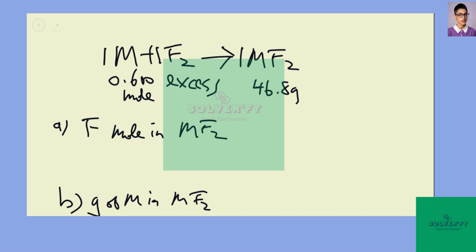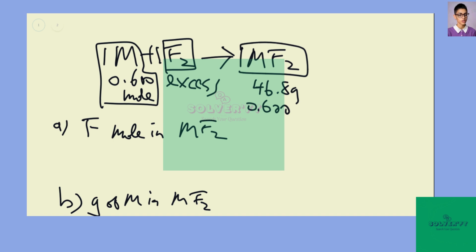So from here, we can see that if we have 0.6 mole of metal being reacted, we will need 0.6 mole of F2 fluorine molecule to react, and then it should also give 0.6 mole of MF2. Okay, so therefore, we know that there was 0.6 moles of F2 being reacted, being in the chemical compound.